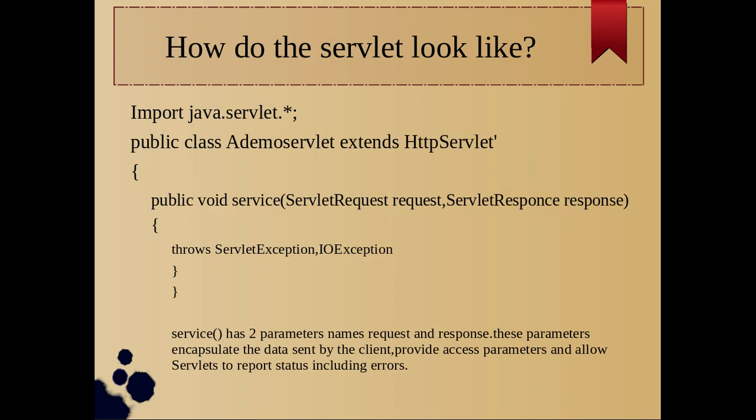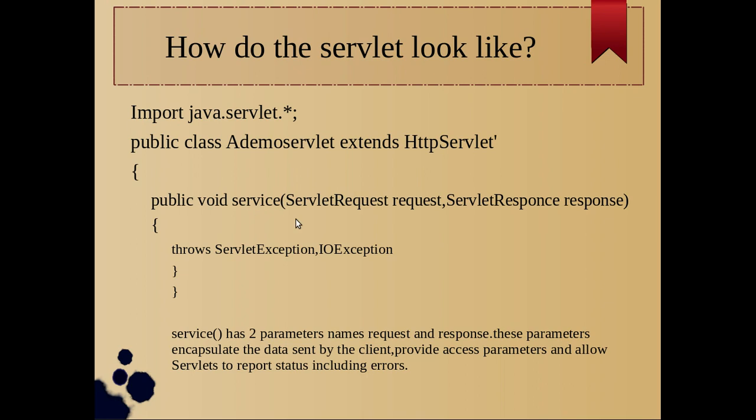Next part is what a servlet looks like, what its syntax is. So this is a servlet file where the package is imported, that is import javax.servlet.*. Then this is a servlet class which extends HttpServlet.